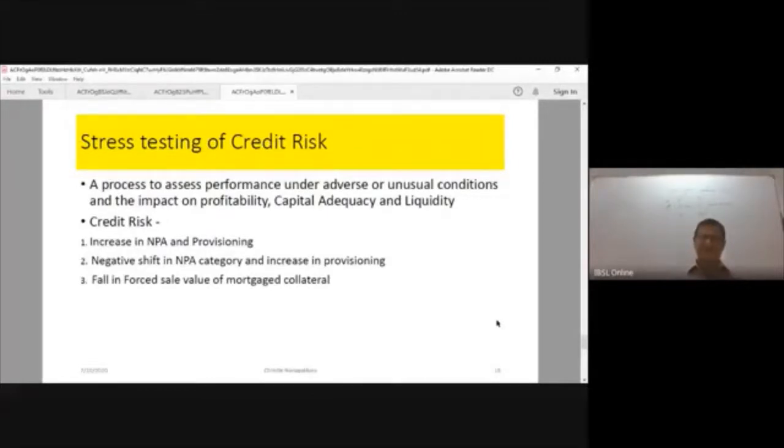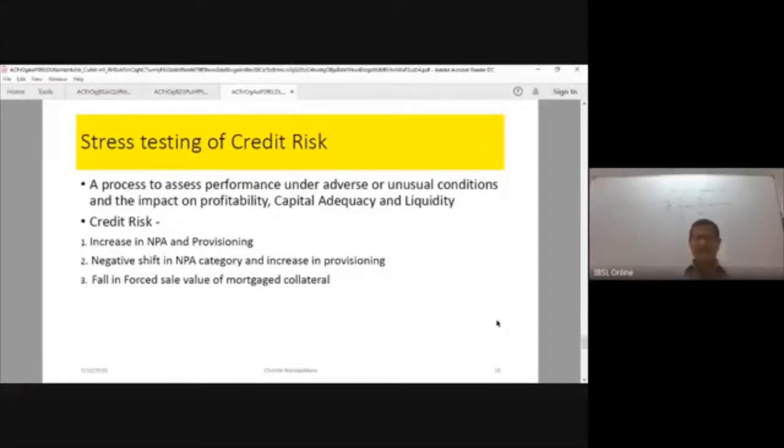So we may need to build up a scenario to arrive at that loss. These are the factors which will contribute to that particular loss, and you have to put those contributory factors into figures based on the loan outstanding you have and the percentage which will be subject to that scenario, and based on that, how much interest you will lose and how much additional provisions you have to make.